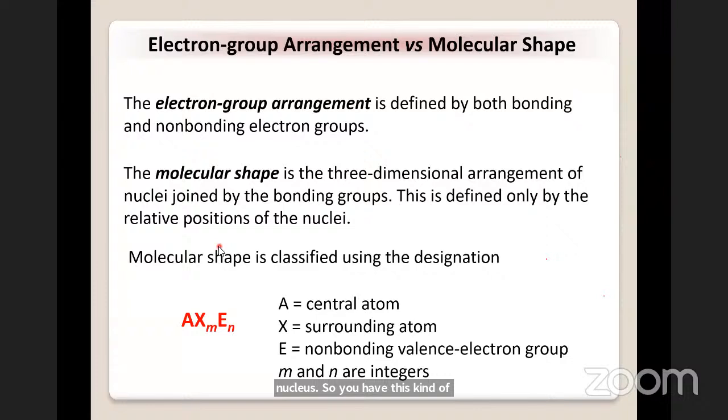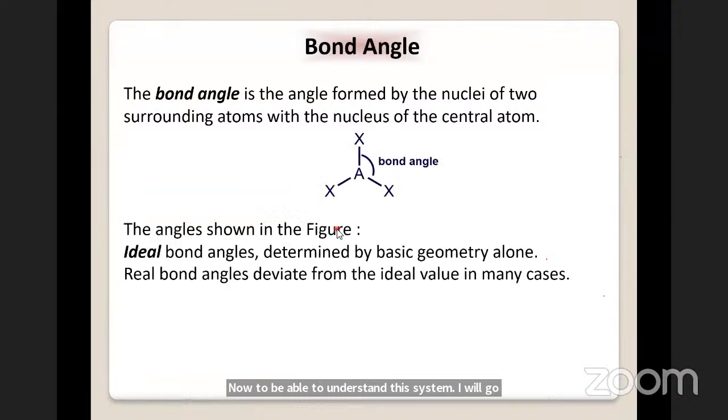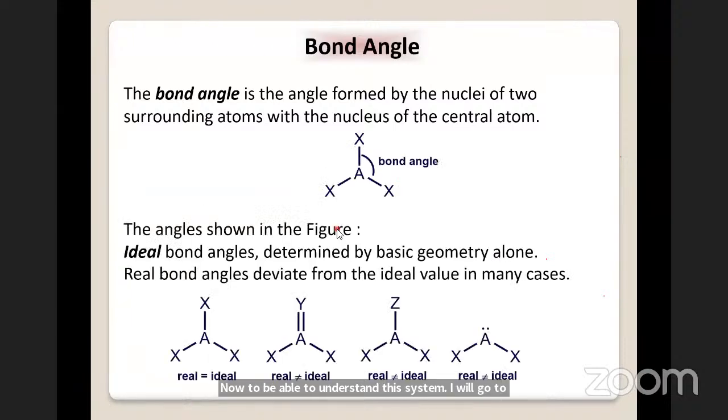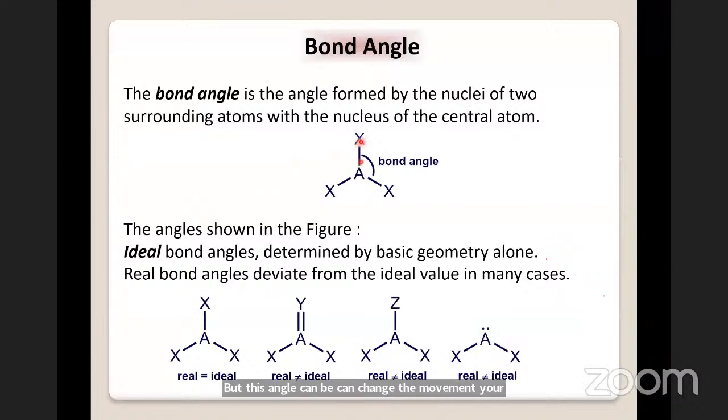Now, to be able to understand this system, I will go to the next slide for you to have a better understanding. Now, if you have a molecule of trigonal planar, the angle between them, as I previously mentioned, is 120. But this angle can change the moment your X becomes something else.